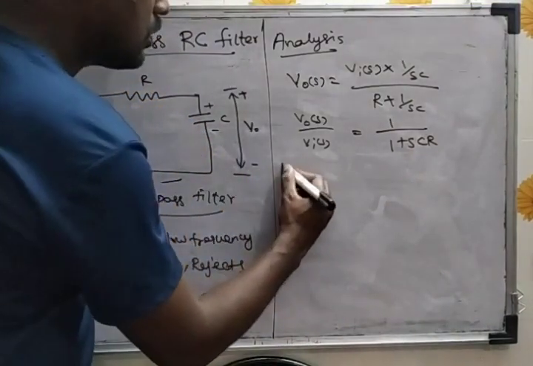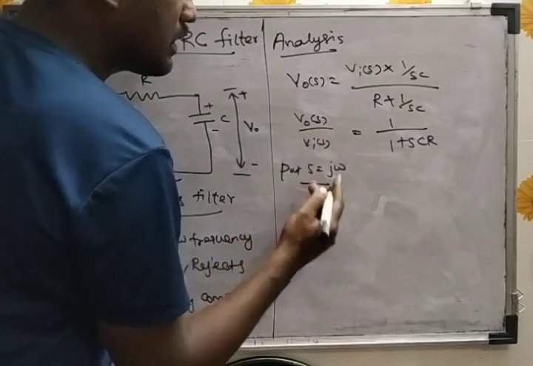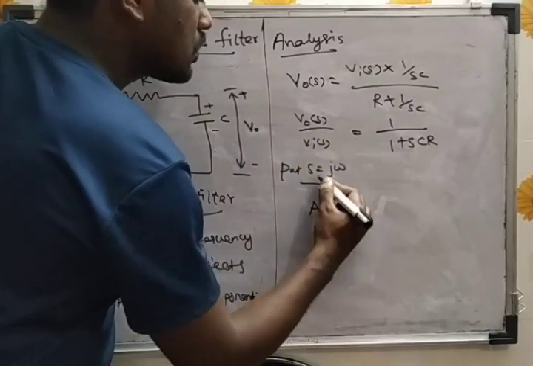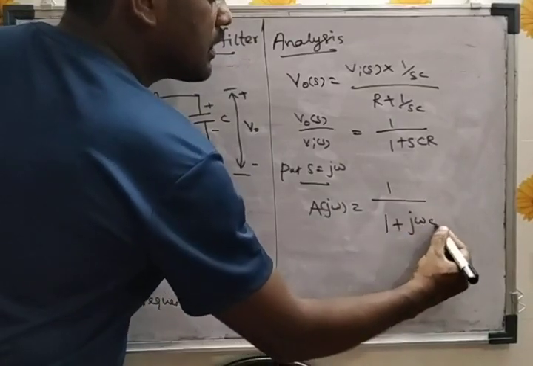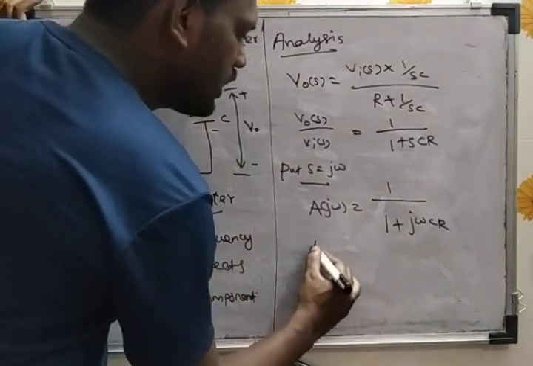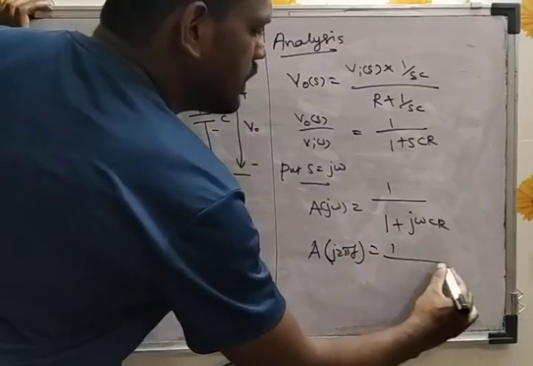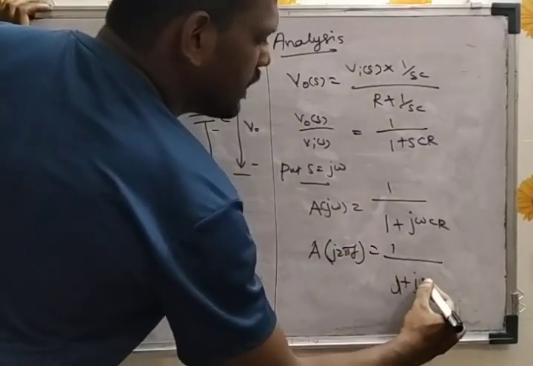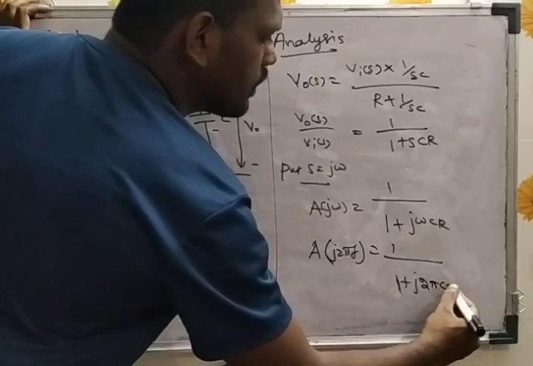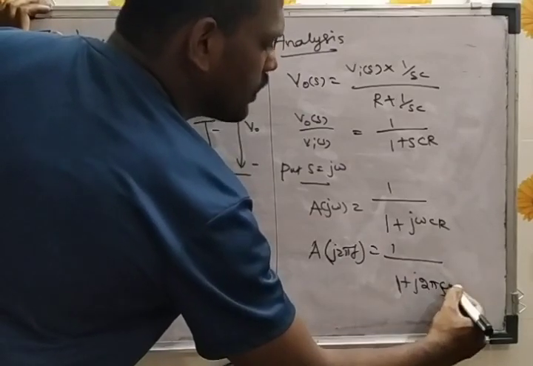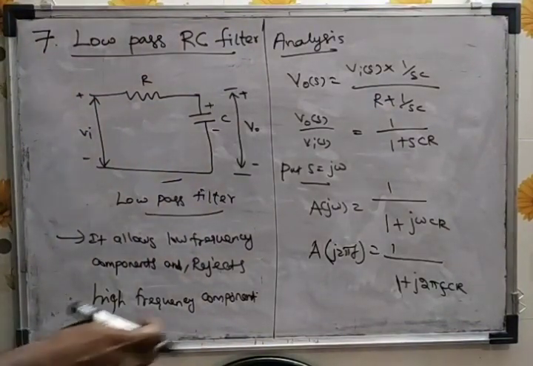Put S equal to j omega, and taking V0 of S by VI of S as A of S, A of j omega is equal to 1 by 1 plus j omega CR. Substituting omega equal to 2 pi f, you will get 1 by 1 plus j into 2 pi f into CR.